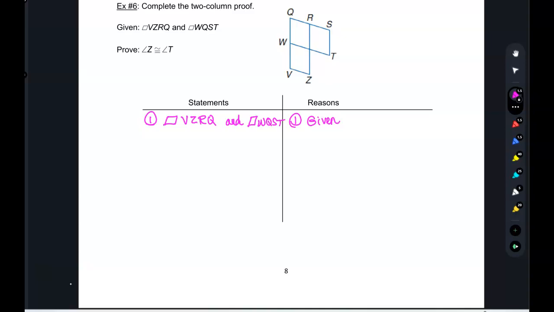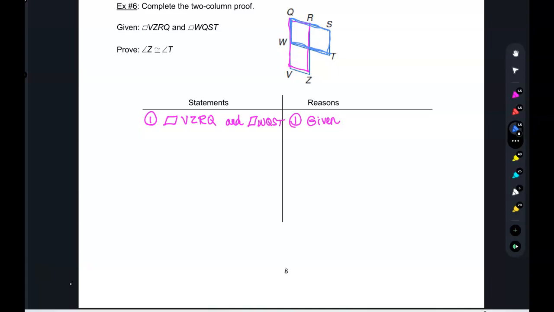So VZRQ, so that's going to be here. And the other one is WQST. So these two parallelograms are like overlapping each other.